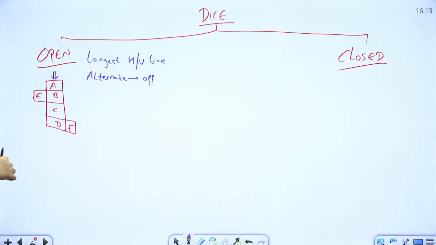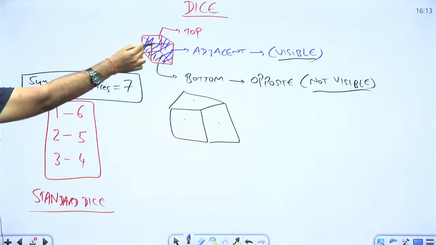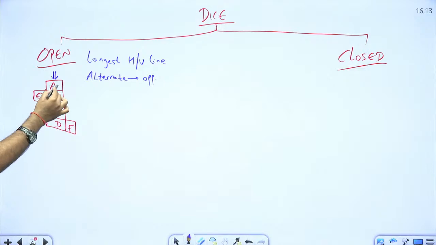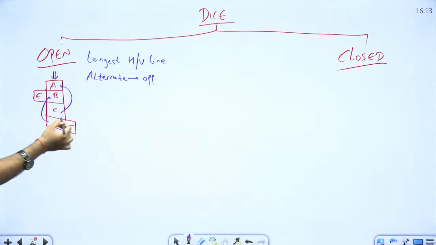Now, what is the concept of alternate? Remember, alternate and adjacent are different. Adjacent means faces which can be seen together, close to each other. Alternate means if you take one, you skip one and go to the next.